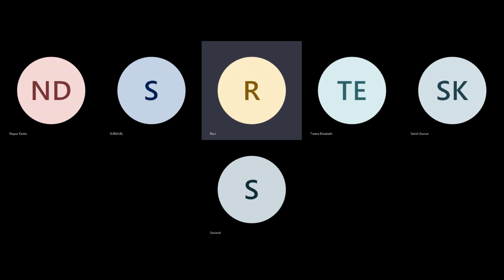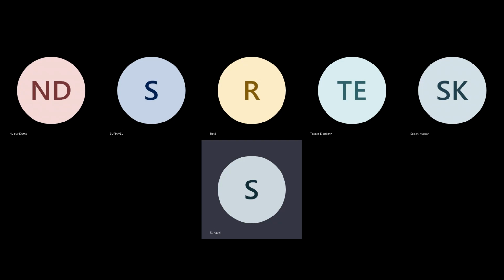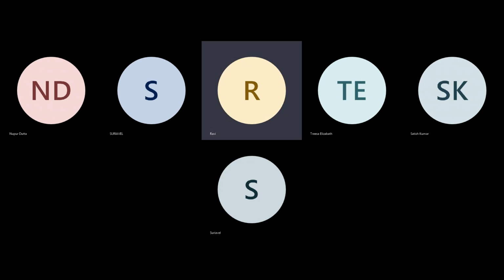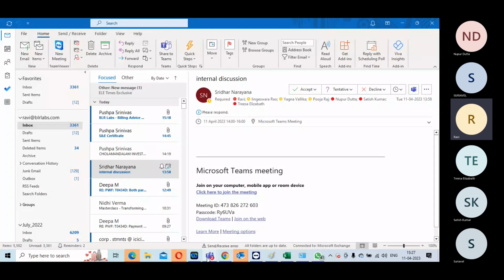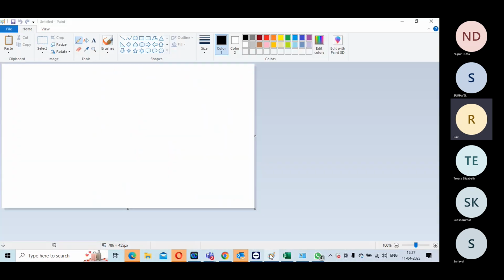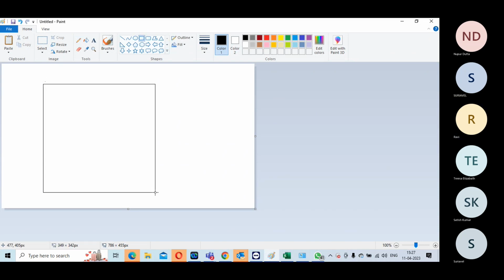Let me draw it for you so that you can understand what I am talking about. Let us talk about power shut off, isolation, multi voltage power shut off. Let me give you an example.